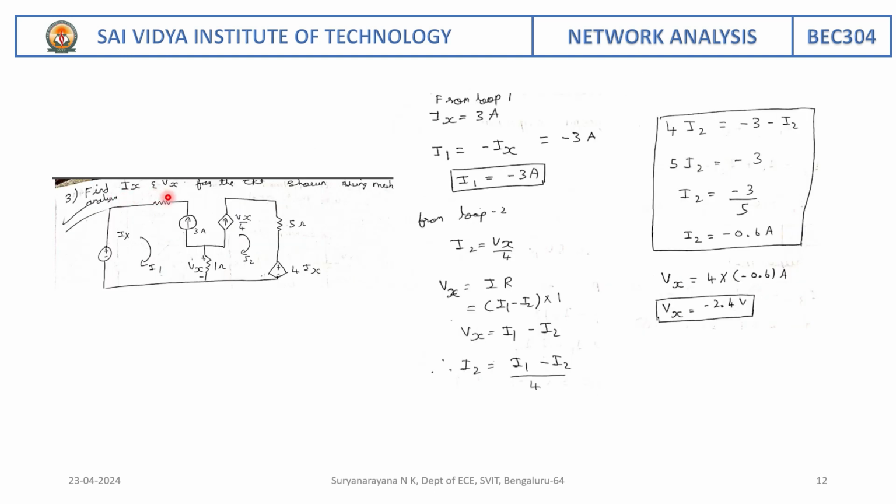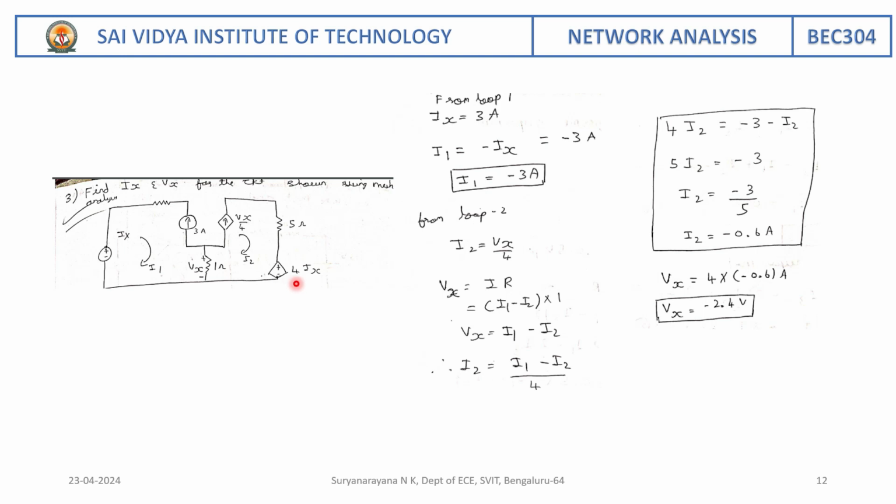Find Ix and Vx for the circuit shown using mesh analysis. On careful observation, we are going to see there is a presence of an independent voltage source, independent current source, dependent current source and dependent voltage source.